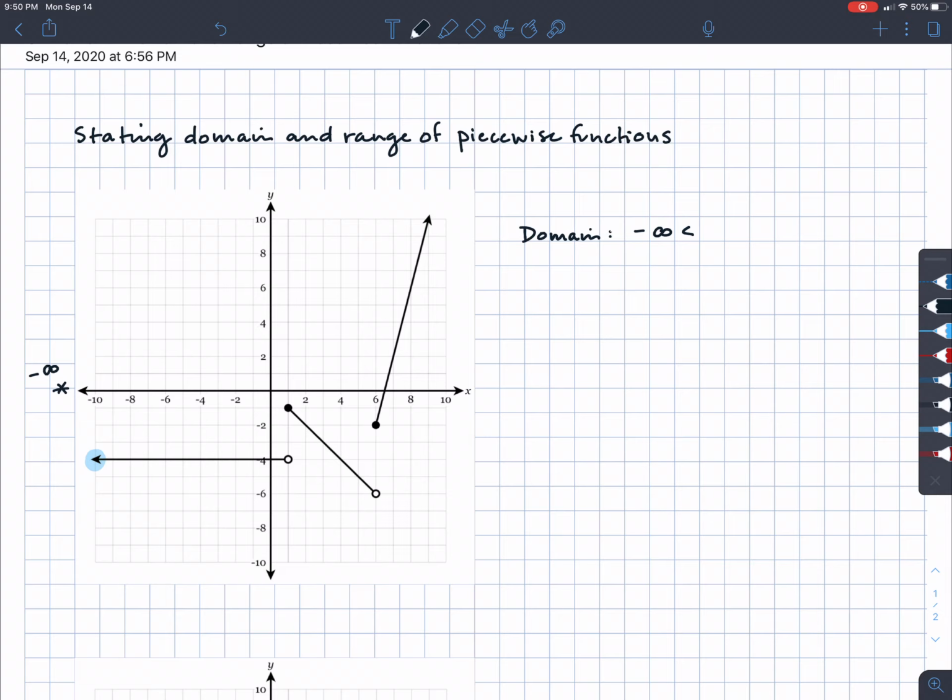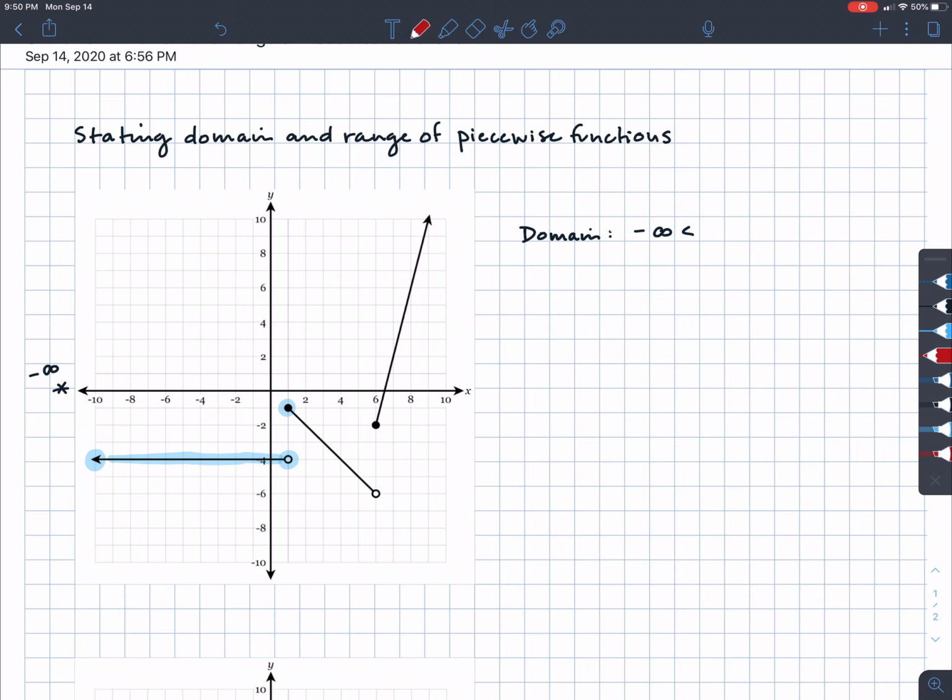As I'm moving along from left to right, I see that everything's okay. And then I get to a point right here. I notice that there's an open circle, but also that there's a closed circle right above it. Open circle means the point doesn't exist, but closed circle means the point does exist.